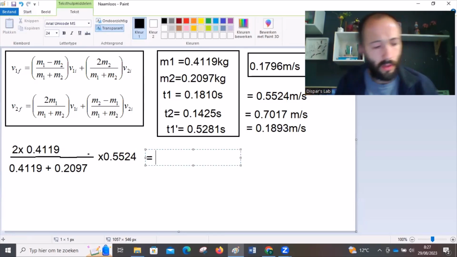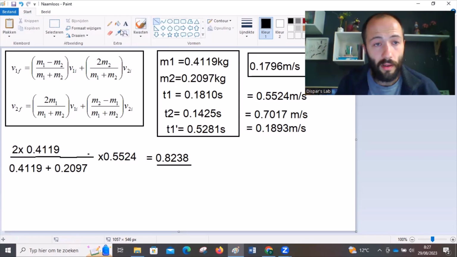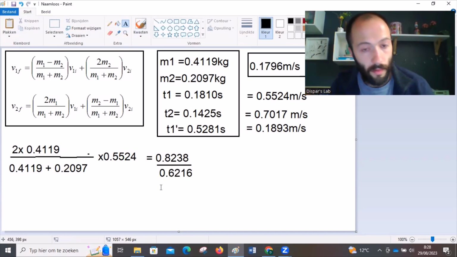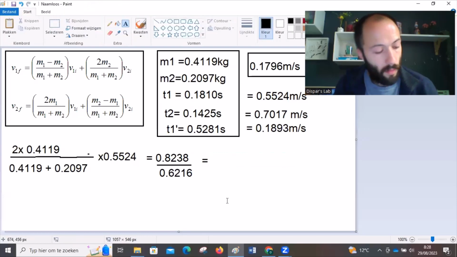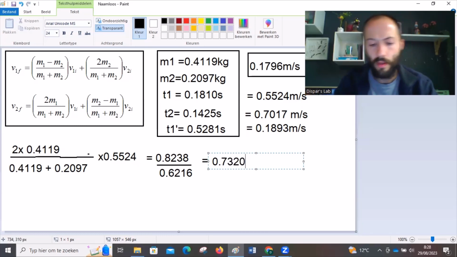All right, so 2 times 0.4119 equals 0.8238, divided by 0.4119 plus 0.2097, which is 0.6216, times 0.5524. So 0.8238 divided by 0.6216 times 0.5524 equals, there we go, 0.7320 meters per second.